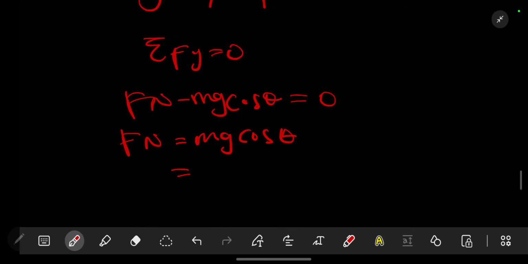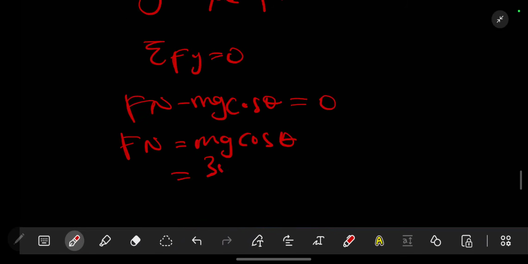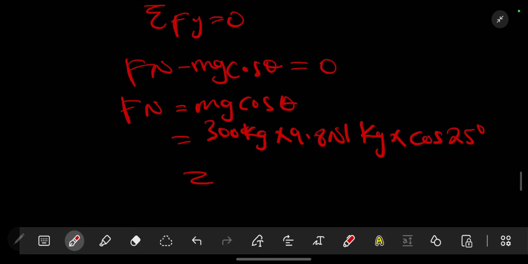So what is our mass? 300 kg, times 9.8 newtons per kg, times the cosine of 25 degrees.